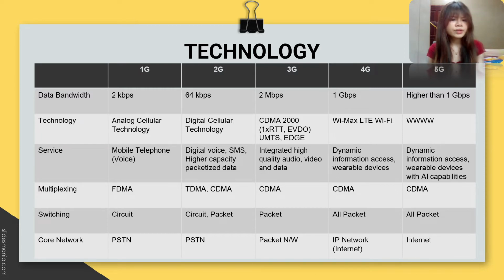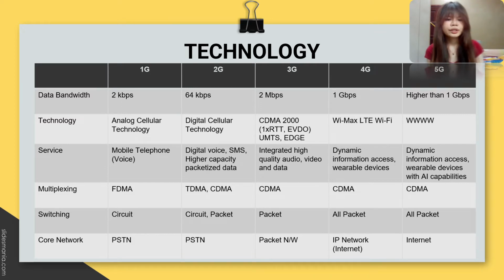The technology used in 1G is analog cellular technology, 2G is digital cellular technology, and 3G is CDMA 2000, 1xRTT, EVDO, UMTS, EDGE, and for 4G, WiMAX, LTE, Wi-Fi. For the last, 5G, WWWW. The service used in 1G is mobile telephone, which is voice.